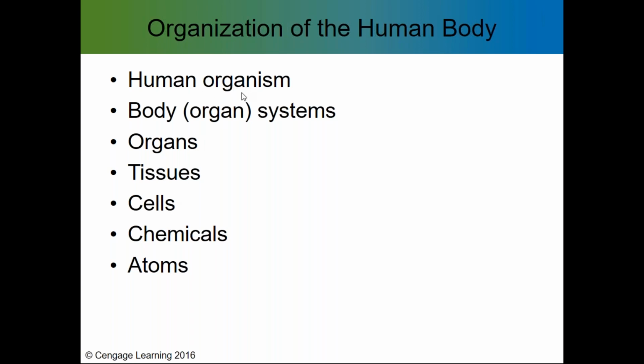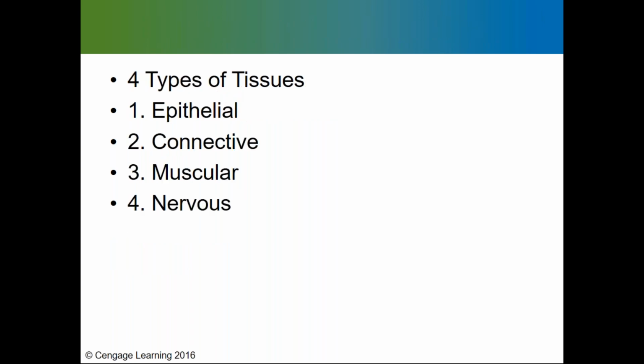So you'll see here that the human organism is comprised of all of these different structures, and it's very unique. I said to you that there are 4 different types of tissues: epithelial, connective, muscular, and nervous tissue. An example of epithelial tissue can be the skin, right? The technical term would be the integument. For connective tissue, blood is a fluid connective tissue.